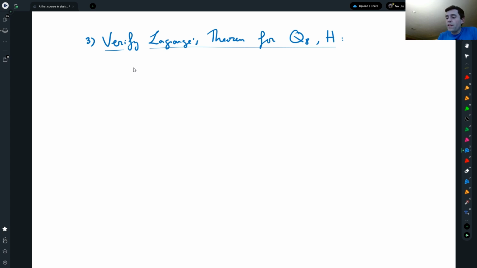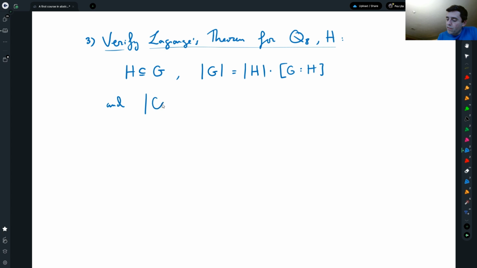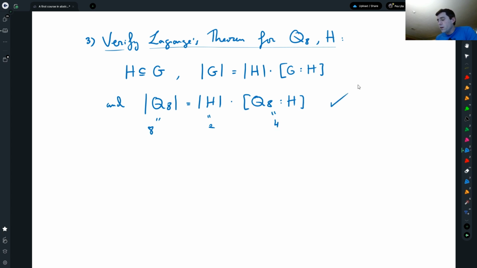Lagrange's theorem tells me that if I have a subgroup of a finite group, then the size or the order of G will be the order of H times the index of H in G. And in our case, we have that Q8 is 8, and the size of H is precisely 2, and the index, we have seen, is the number of cosets, that is precisely 4 in this case, so it does match. And this is for left cosets or right cosets, I get exactly the same quantity, so that is true.